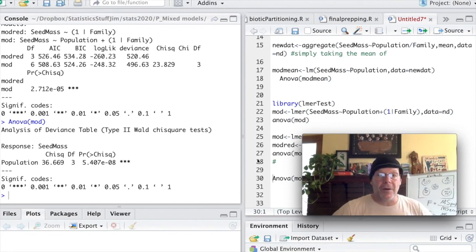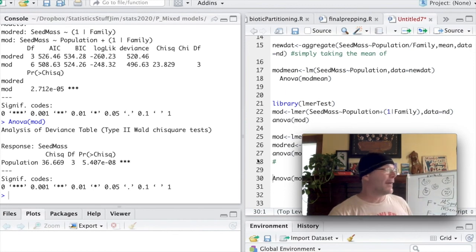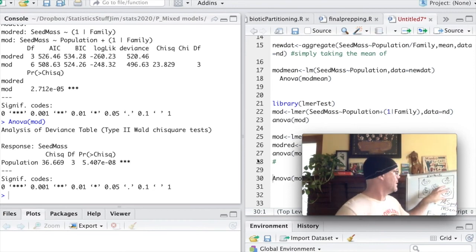Right. And so that's it for nested designs. They can get tricky. I often encourage people to really think hard if they truly want to do a nested design. Because again, your unit of replication depends on what hierarchical level is relevant to your hypothesis testing.